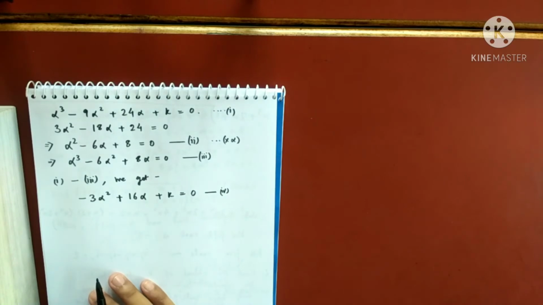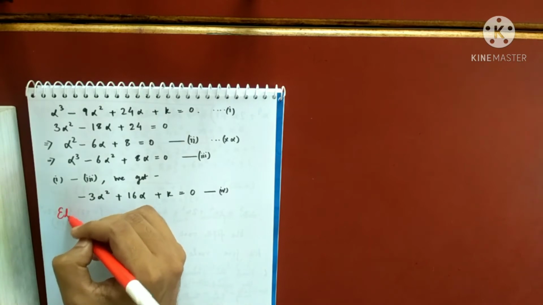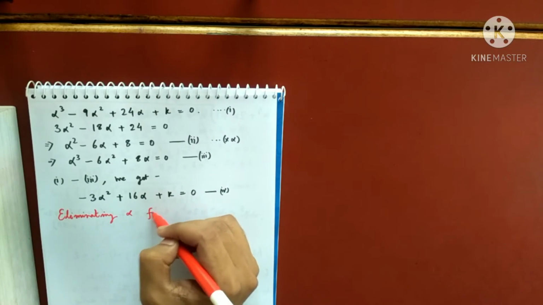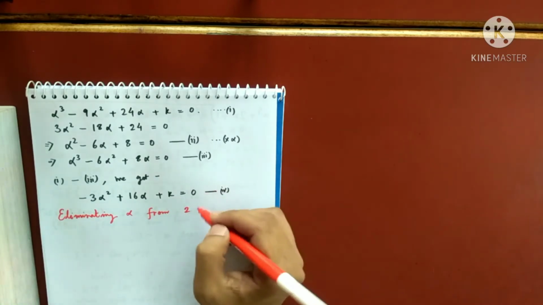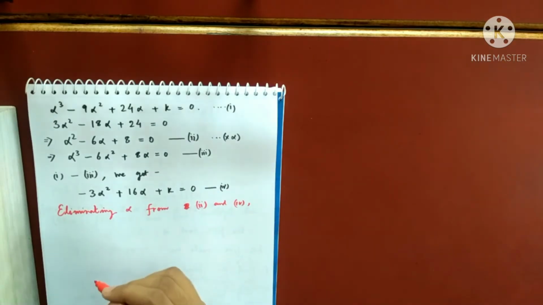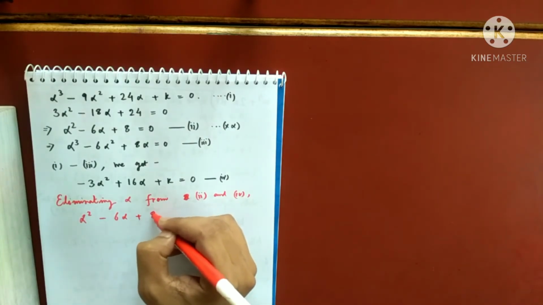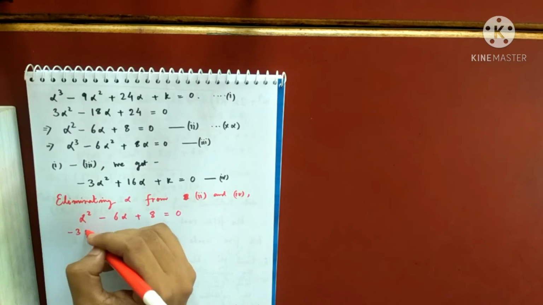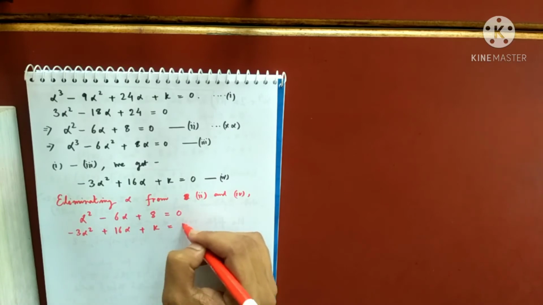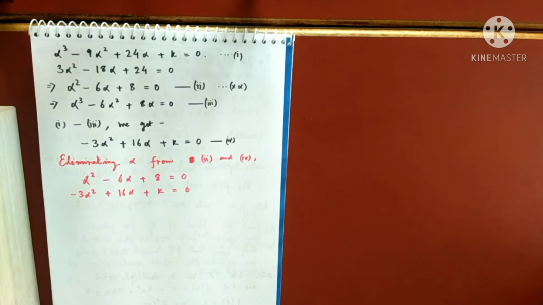Now we'll eliminate alpha from 2 and 4. So what is 2? Let me write 2 again. Alpha square minus 6 alpha plus 8 equals 0, and minus 3 alpha square plus 16 alpha plus k equals 0. Let's eliminate alpha from these two.